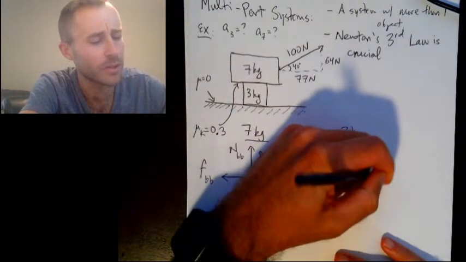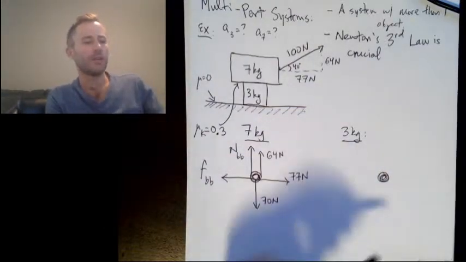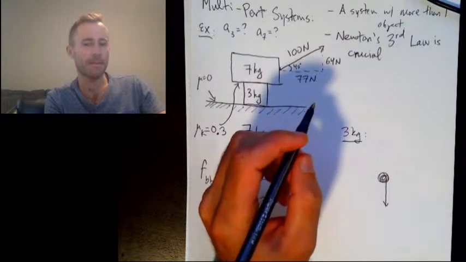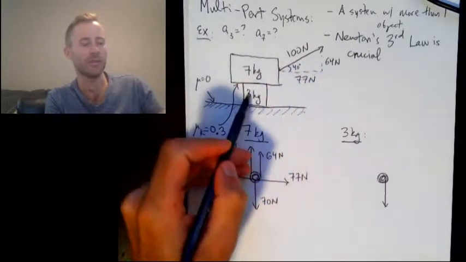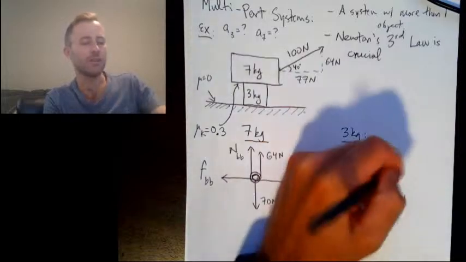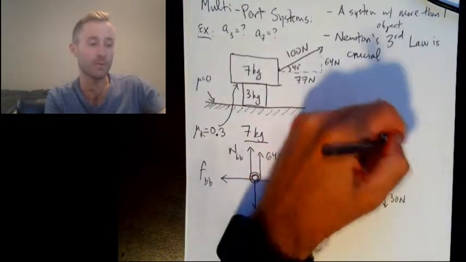If we look at the 3 kilogram block, it doesn't have the 100 Newton force acting on it. It has its own weight, which would be 3 times 10, 30 newtons. It has a normal force from the floor.